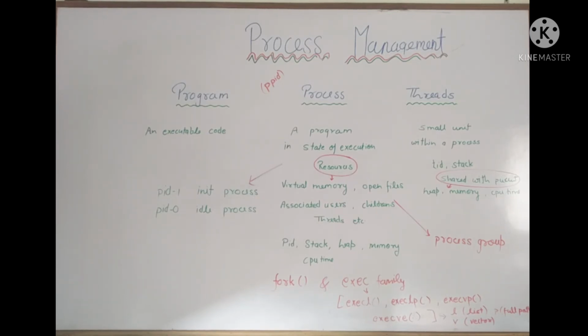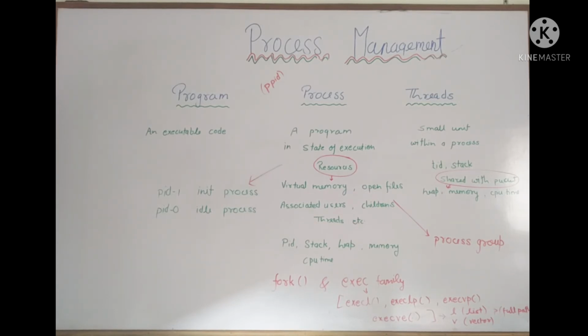Similarly here, the init process acts as God, and every process is created under the init process. First the init process is created by the operating system, then every other process is created. That is the process for you.